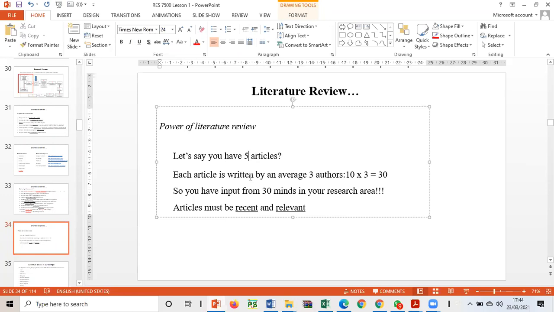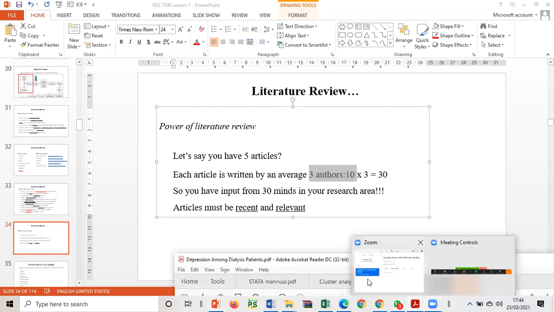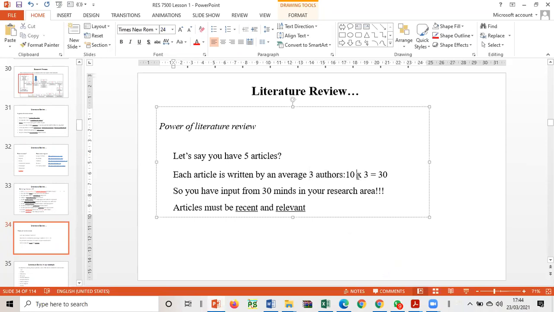Each article is written on average by how many authors? Three authors, can be more, can be less. So five times three, how many? Fifteen. So the input from fifteen minds.